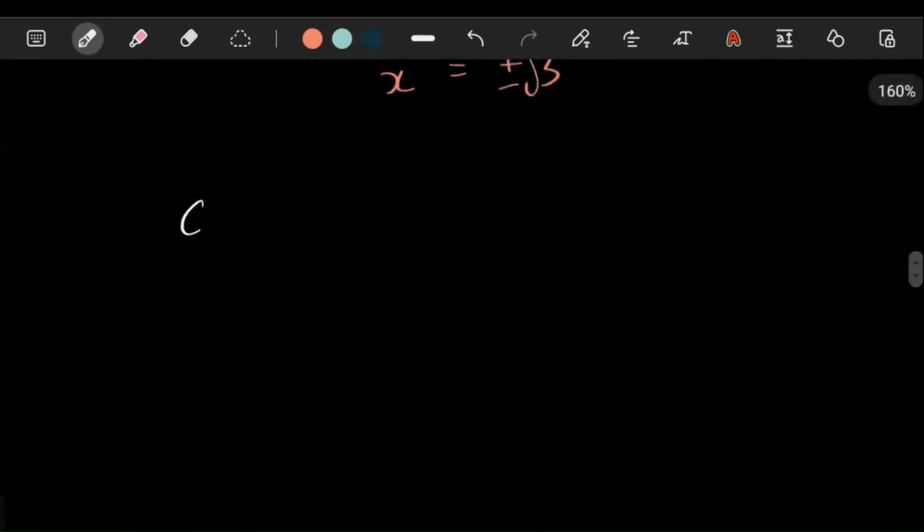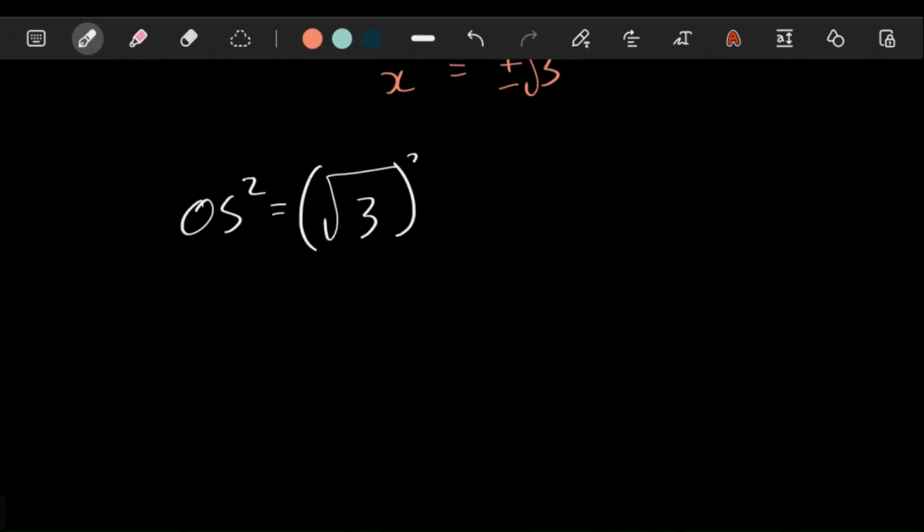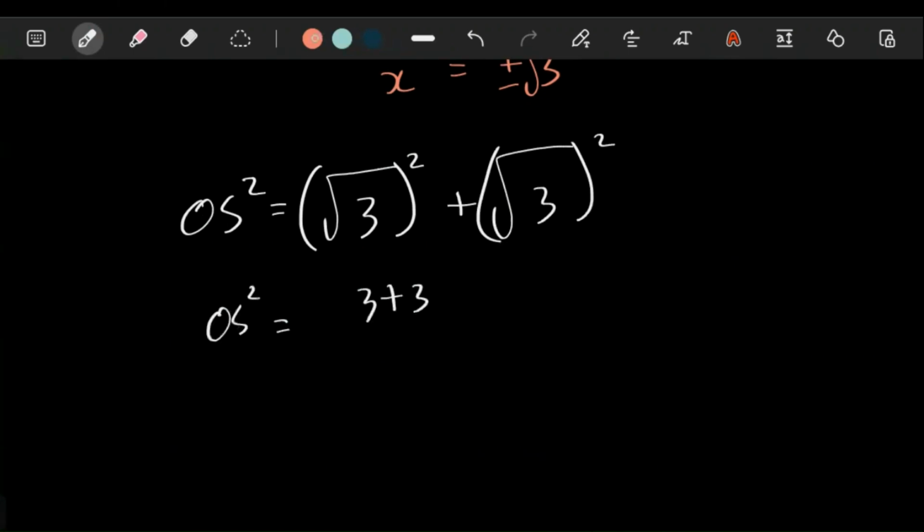So OS squared is equal to the square root of 3 squared plus the square root of 3 squared, which is just 3 plus 3. If you square root both sides on your calculator, it's going to be the square root of 6.